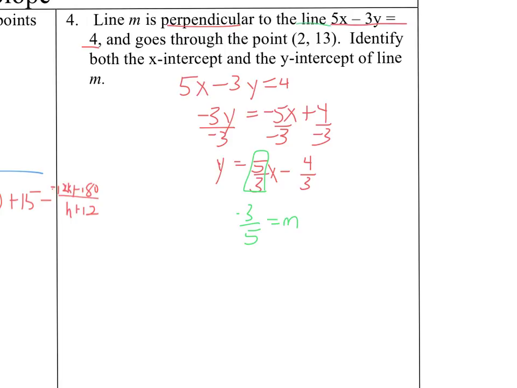And we go through the point 2, 13. One way of writing this would be y is equal to 13, that's my y1, plus negative 3/5, that's my m, times x minus 2.